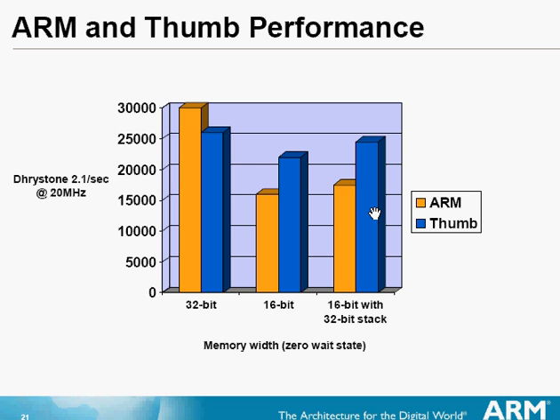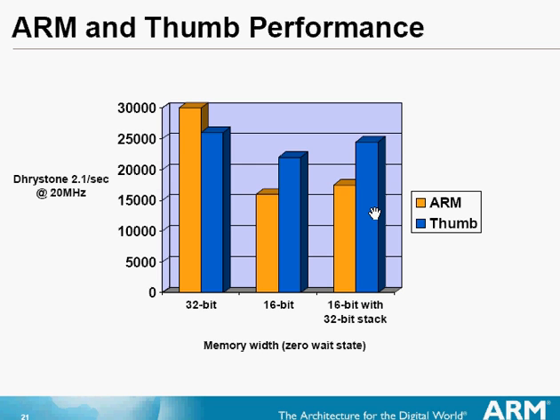This is because of data access, particularly stack access. Even in Thumb, each access to the stack will be a 32-bit quantity, as a register is loaded or transferred, and this lowers the performance on a full 16-bit memory architecture.